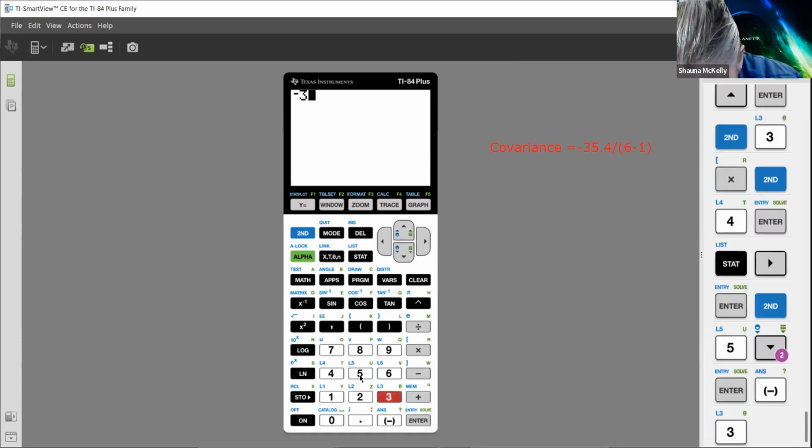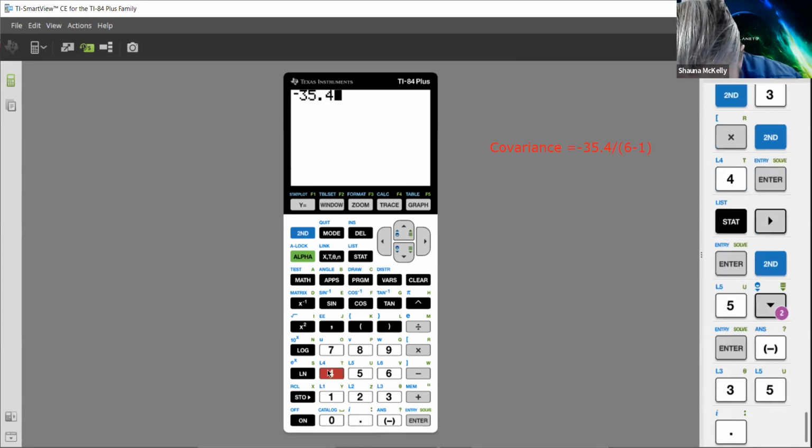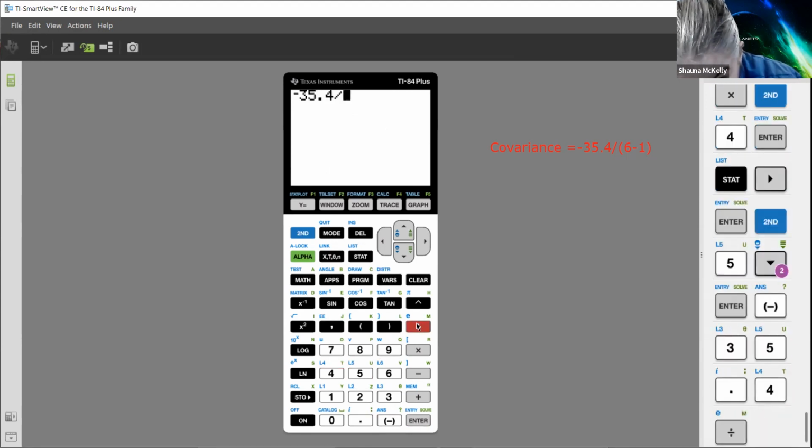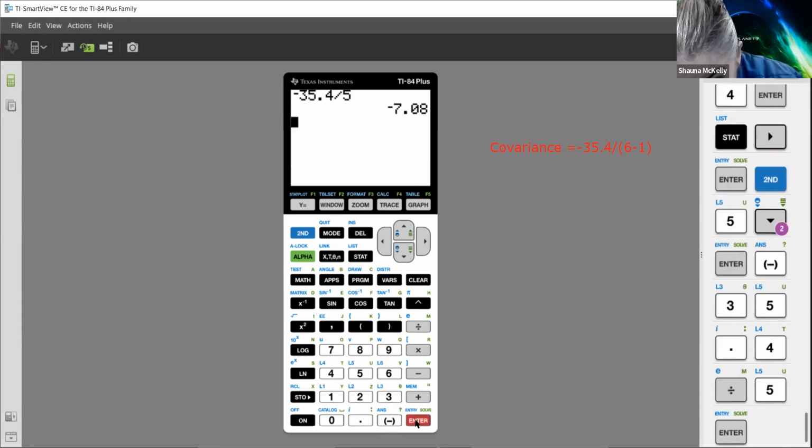So negative 35.4 divided by 5, not by 6. And that comes out to negative 7.08. So this covariance here is negative 7.08.